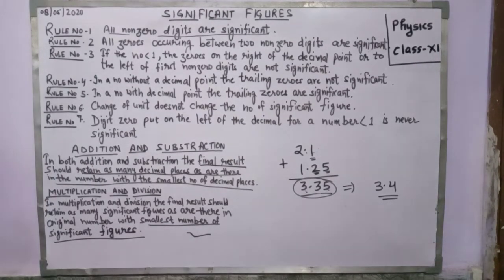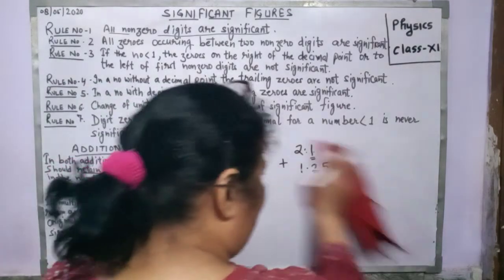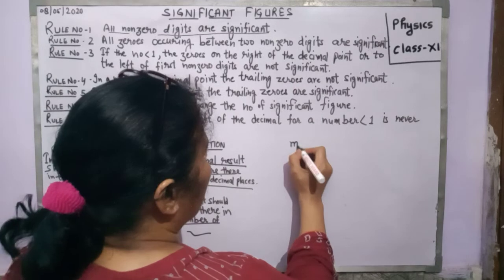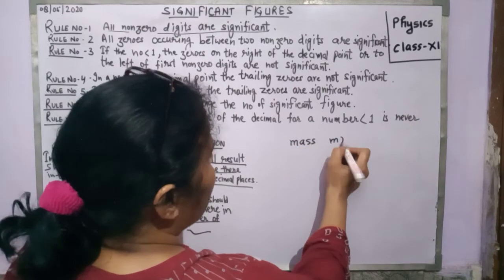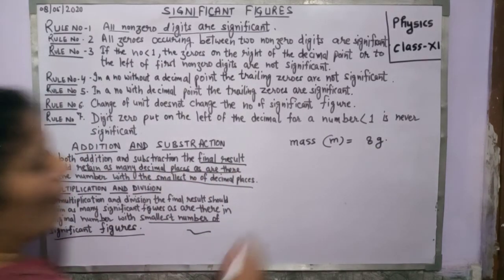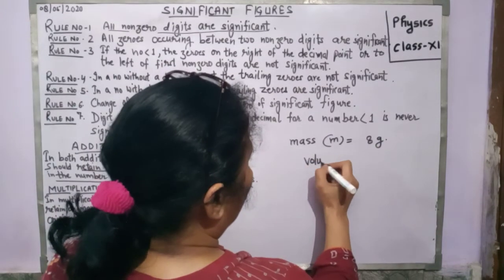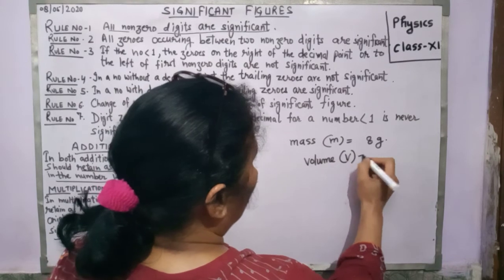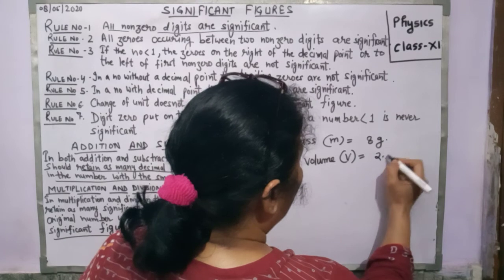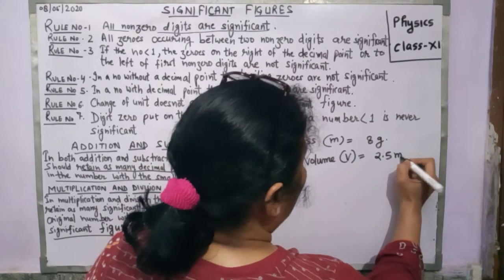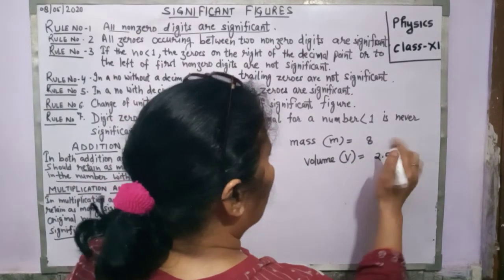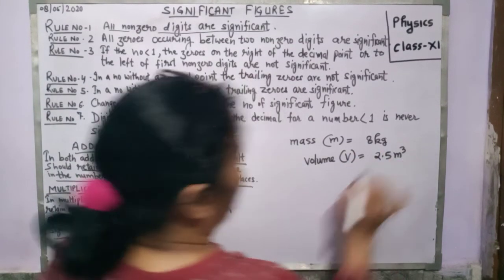Suppose the mass of a substance is given to you, m is 8 kg, and the volume V is given as 2.5 meter cube.